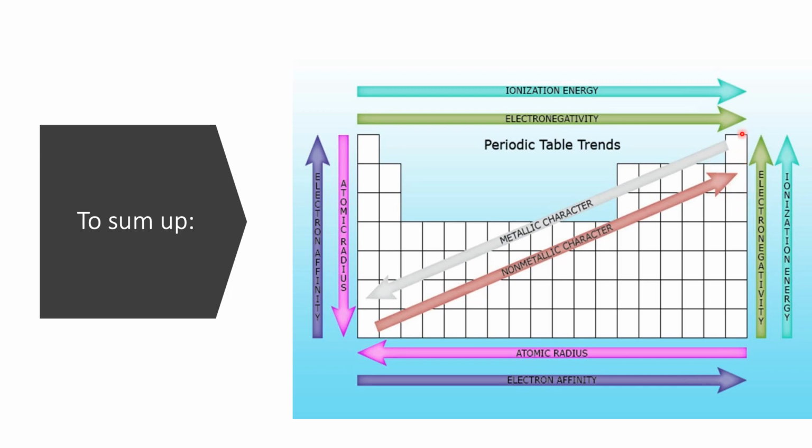Furthermore, they follow the rule about the noble gases. They would like to get more electrons so they can have the same stable configuration. And as you can see, it follows the same trends as ionization energy and electronegativity, nothing new.